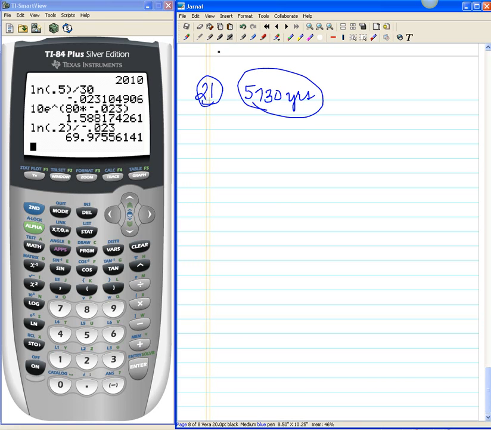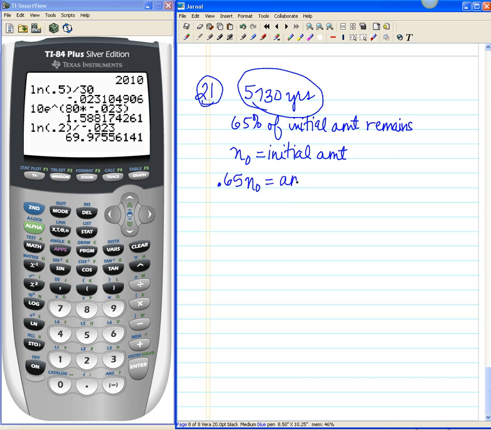Okay, and so we know 65% of the initial amount remains. So the way you're going to do this, you don't know what the initial amount is, but you do know that 65% of it remains, so 0.65 times N sub 0 is what remains.